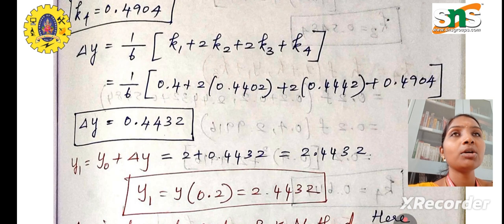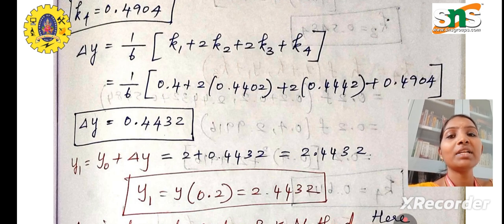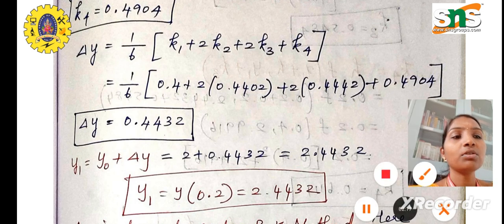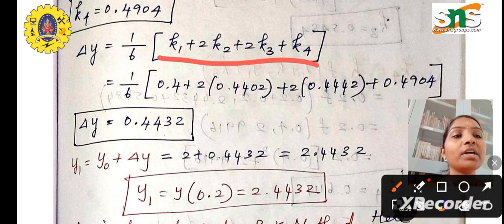After finding all the constants in the Runge Kutta method, which are k1, k2, k3 and k4, we will be finding the increment, which is mentioned as del y. What is del y? Del y is equal to 1 by 6 into k1 plus 2k2 plus 2k3 plus k4.